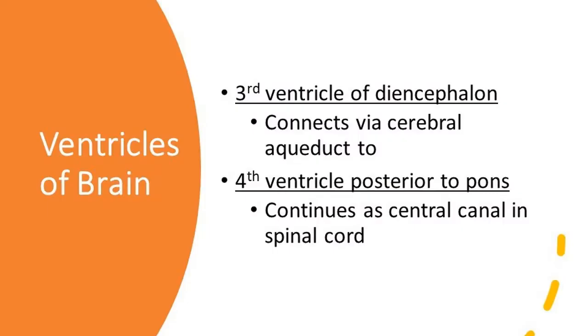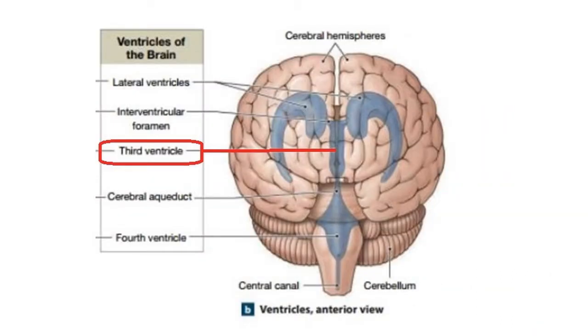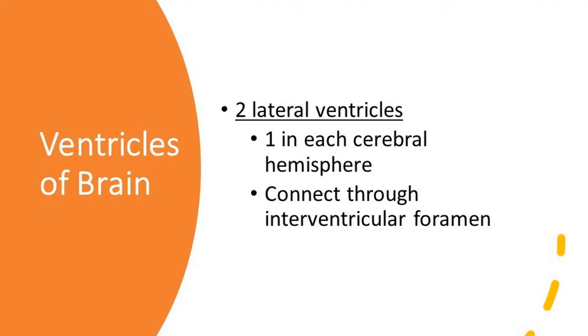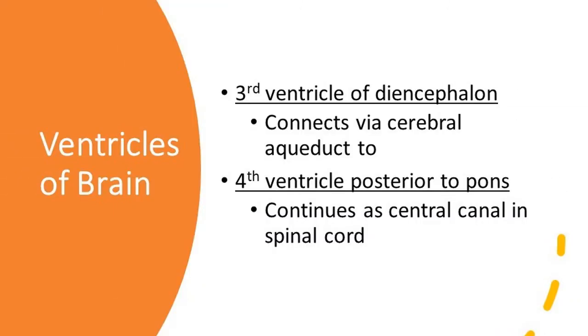Next to that, there is another ventricle in the diencephalon called the third ventricle, and just posterior to the pons there is the fourth ventricle. So in total there are 4 ventricles, 2 lateral ventricles, the third ventricle of the diencephalon and the fourth ventricle posterior to the pons.